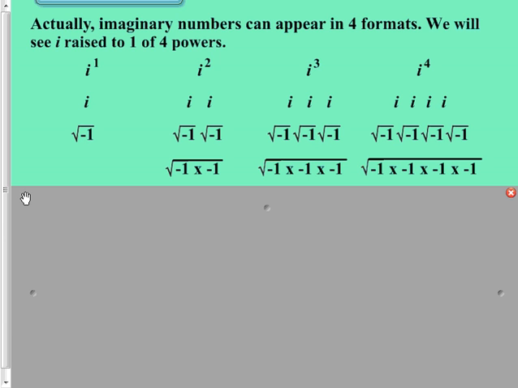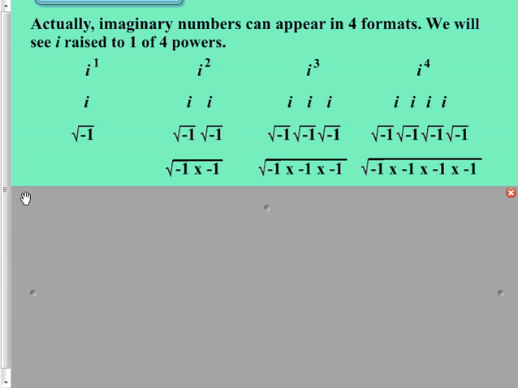Okay. Now from here, if you look at i squared, you can see that we have two -1s underneath the radical, and that's what we want to be able to join together to come out. So in i squared's case, the -1 and the -1 are going to join together. They will come outside of the radical to make a -1 outside, and there will be nothing left underneath the radical, and so it will vanish.